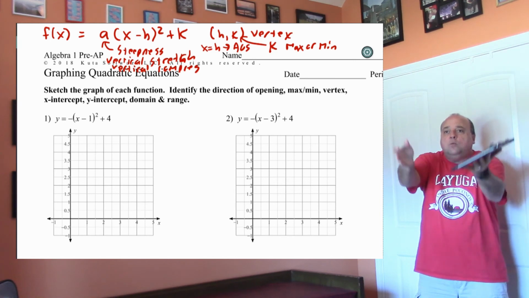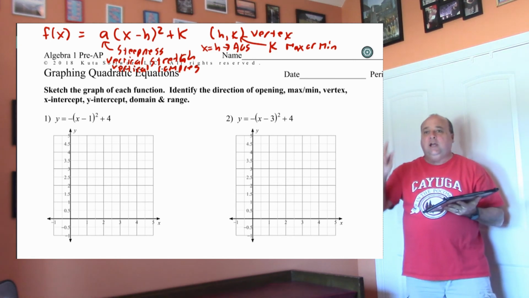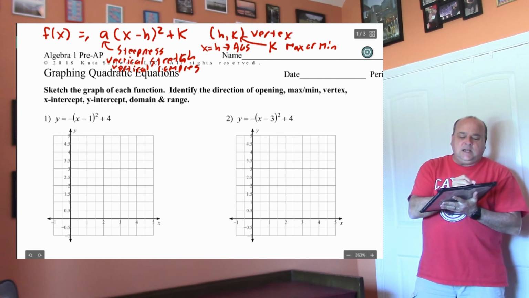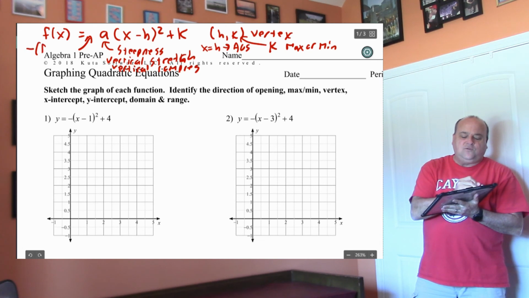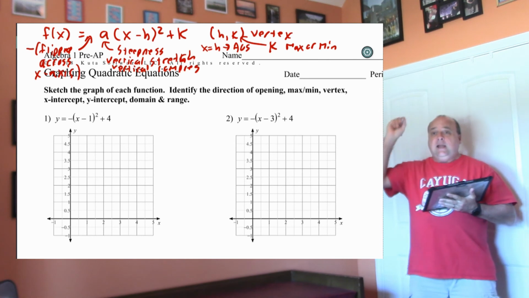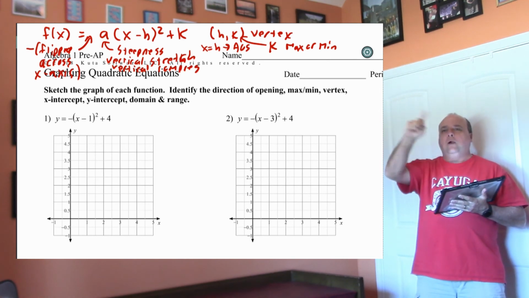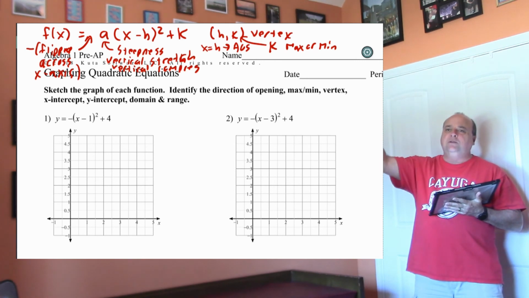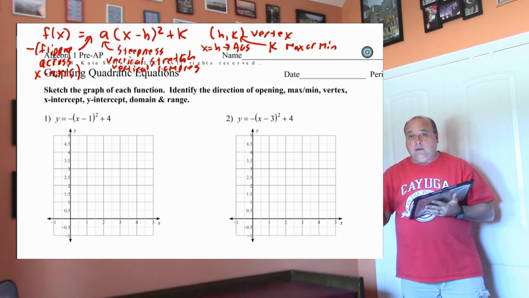If a is more than 1, the curve gets steeper. You're going to see that when we graph. Lastly, if a is negative, the parabola is flipped, or reflected, across the x-axis. If a is negative, the parabola opens down and you have a max. If a is positive, it opens up and you have a min.